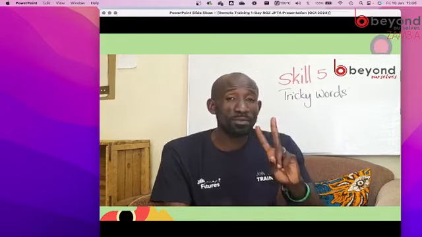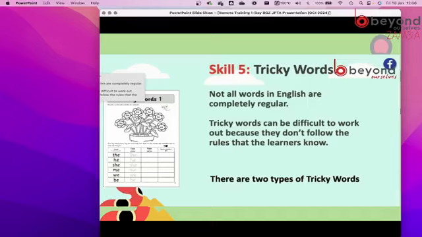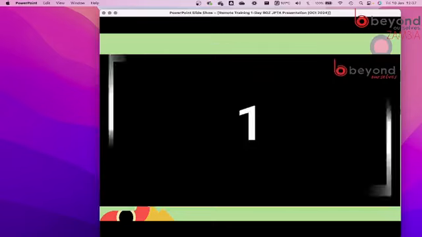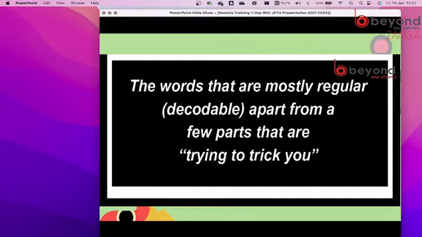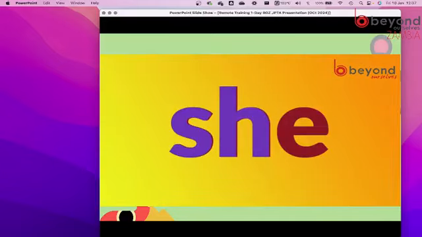There are 2 types of tricky words. Tricky words can be difficult to work out because they don't follow the rules that learners know. Number 1, words that are mostly regular apart from a few parts that are trying to trick you. These words are tricky until we have taught the rules that help learners to read and write these words. For example, the word she.